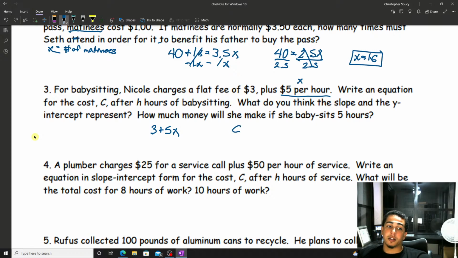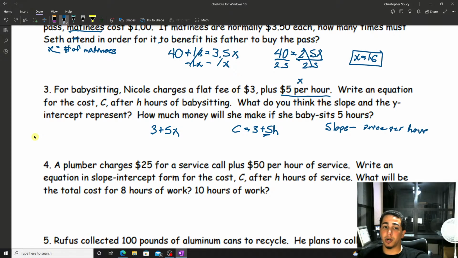So we know that the cost is going to be represented by this equation, which is 3 plus 5 times the number of hours, which is h. The slope represents the price per hour.